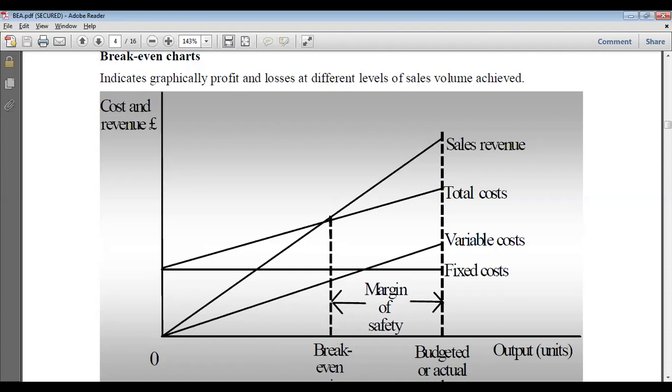And similarly we can see that this point will also have a corresponding point on the vertical axis.